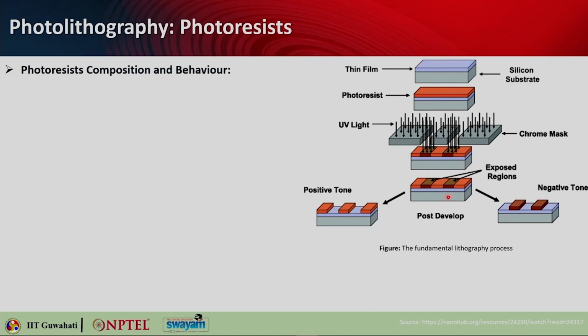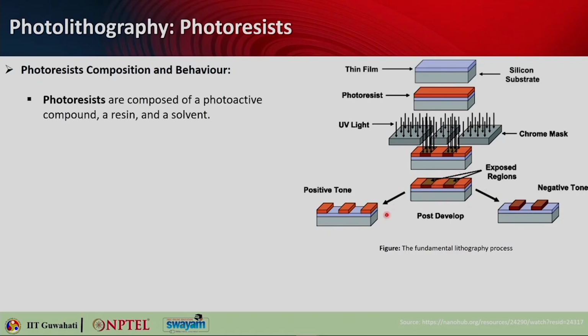Now, if these are positive photoresist, when you develop it by etching out this particular thing, you will see that these parts disappear or dissolve. So, you are left with this particular pattern, whereas if these are negative tone photoresist, you will see that only this remains, and the remaining parts dissolve.